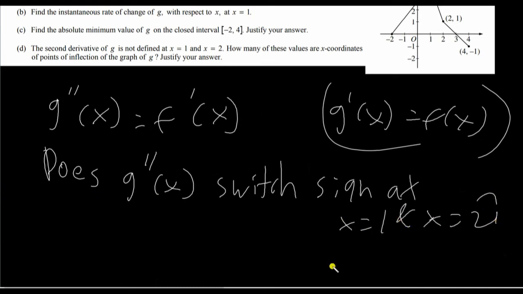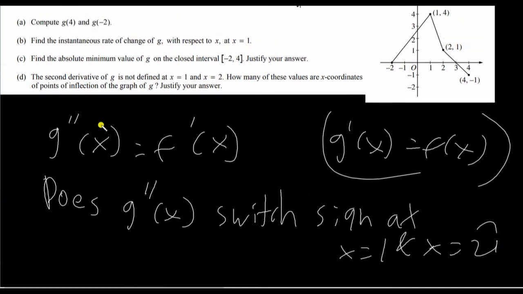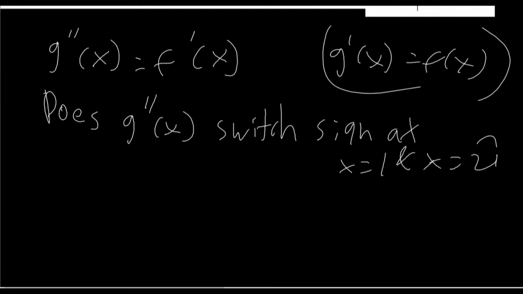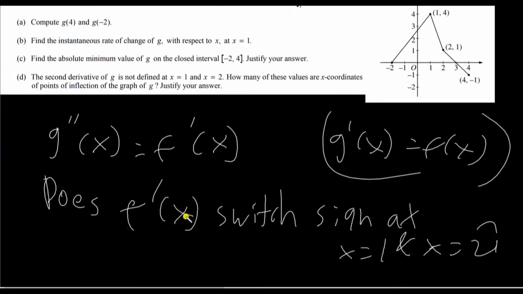And well, what happens when g double prime of x switches sign? Since g double prime of x is equal to f prime of x, we can replace the g double prime of x here with f prime of x. So now we've rewritten the question as, does f prime of x switch sign at x equals 1 and x equals 2?